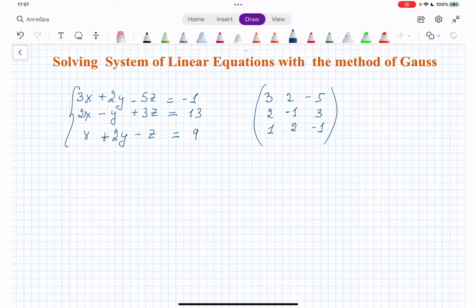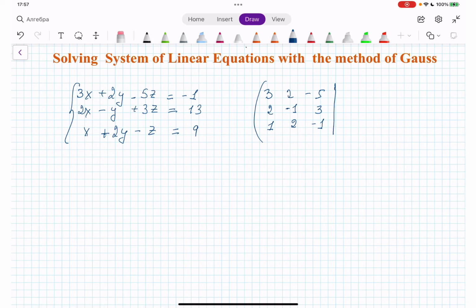But we are going to use the extended system matrix to solve this system with the method of Gauss. The extended system matrix is the same as the system matrix, but plus the column of free members. So let's see.